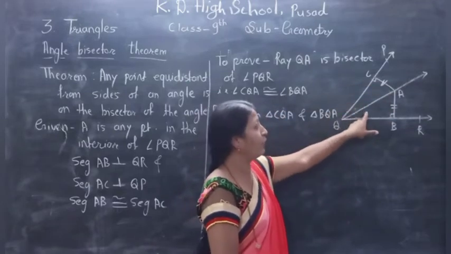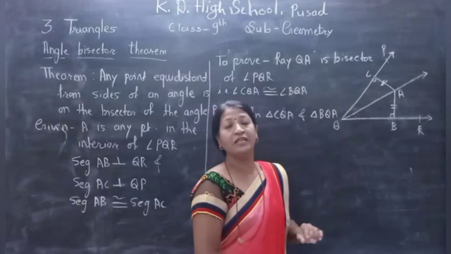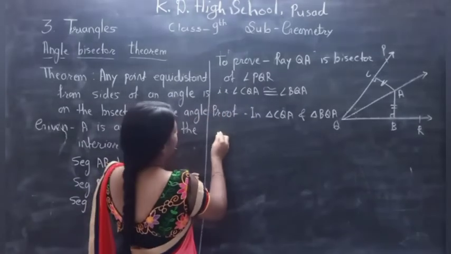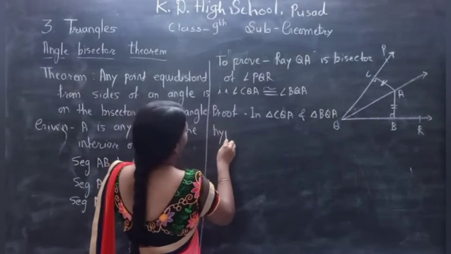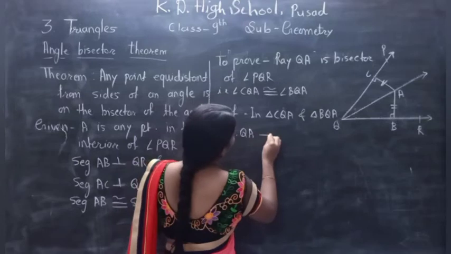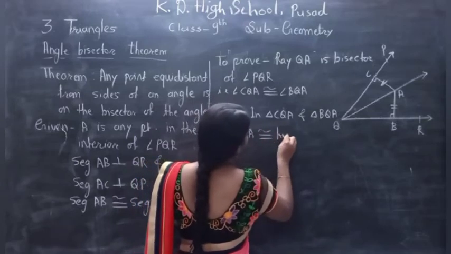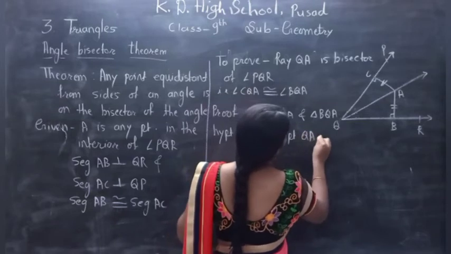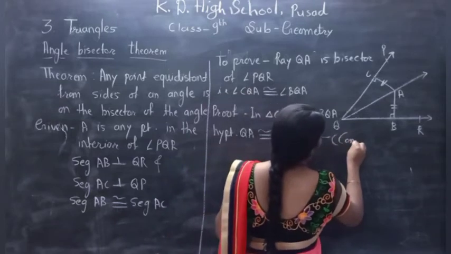Therefore by the hypotenuse side test these two triangles are congruent. Now here we say that hypotenuse QA congruent to hypotenuse QA, and what is the reason? That is the common side.